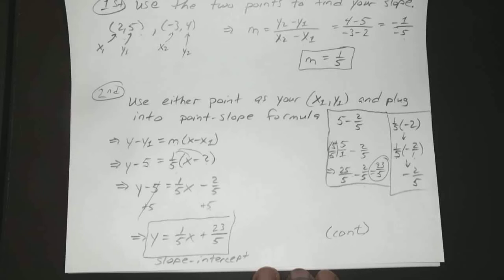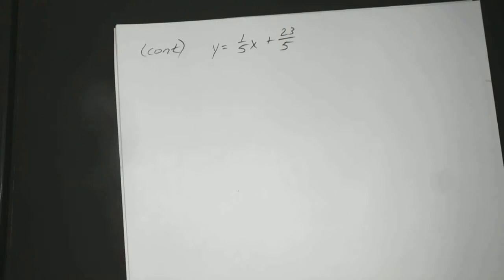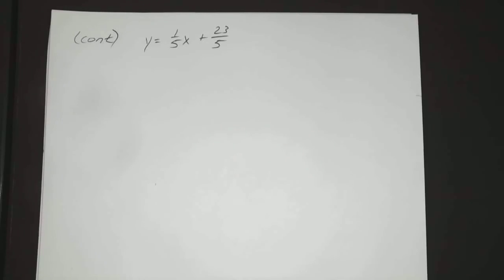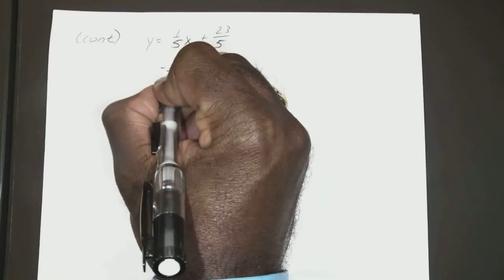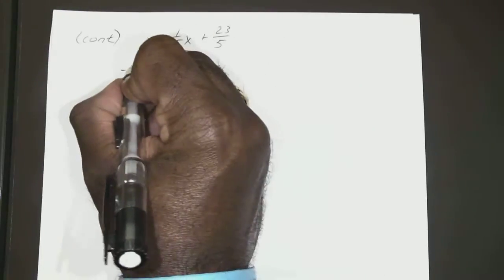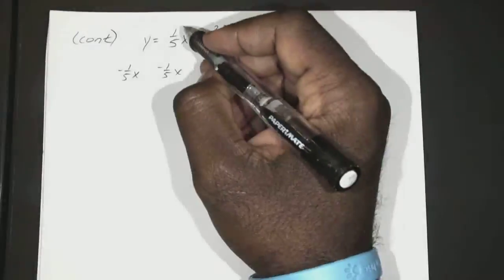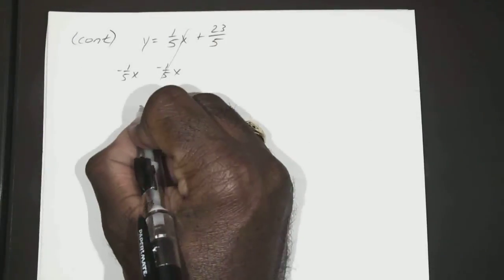All right. Okay, so we left off at y equals 1 over 5x plus 23 over 5. So if we subtract 1 over 5x from both sides, these two cancel out.